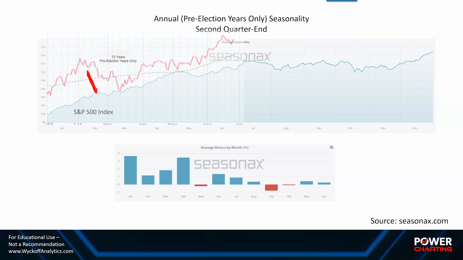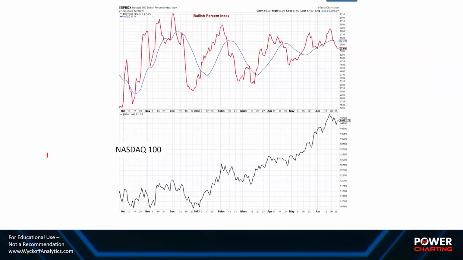You can see here that the peaks have been maybe slightly early, but look at this beautiful advance that we had at the end of the second quarter, and now we've turned off of that, have another push up, range bound. Again, this is the same seasonality chart, and so we will keep an eye on that, but I wonder again whether rotation might be the story in the third quarter, and we will know by looking at the tape, watching the tape.